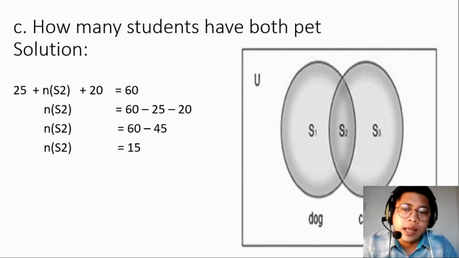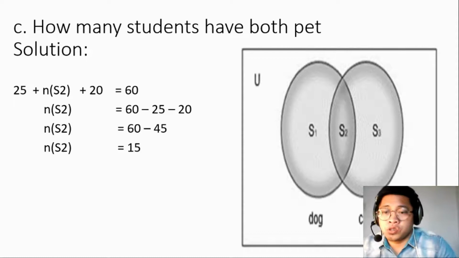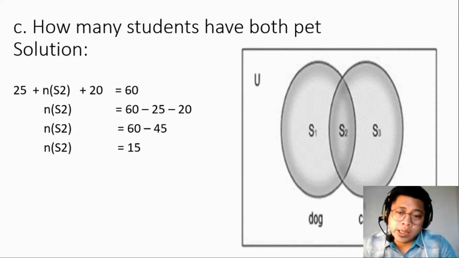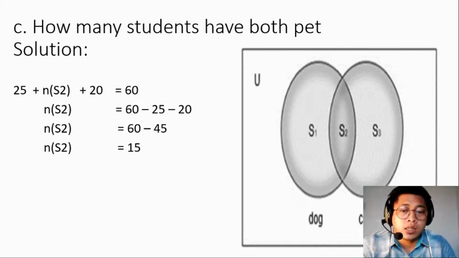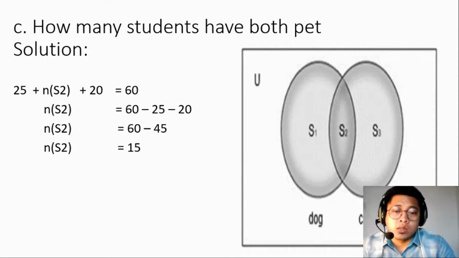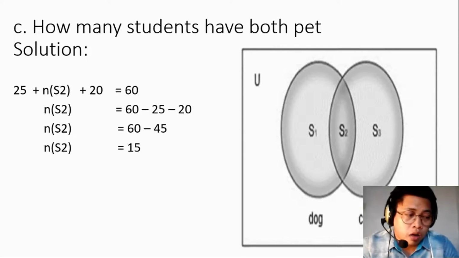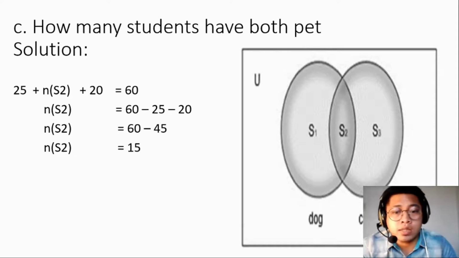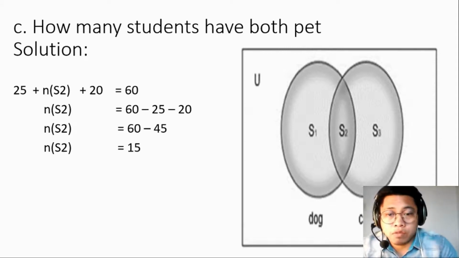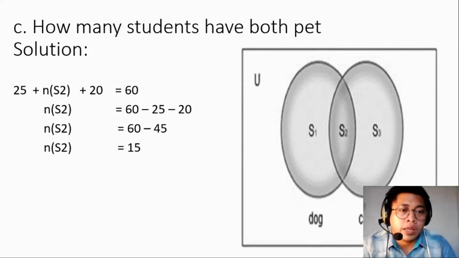So from that, let us subtract the number of students who own dogs only and the number of students who own cats only from the number of students in grade 7 charity. So 60 minus 25 minus 20. So 60 as the number of students in grade 7 charity minus 25 who own dogs only minus 20 who own cats only.